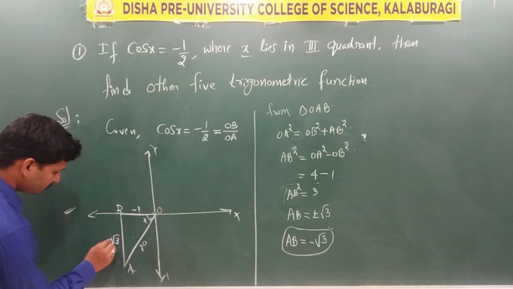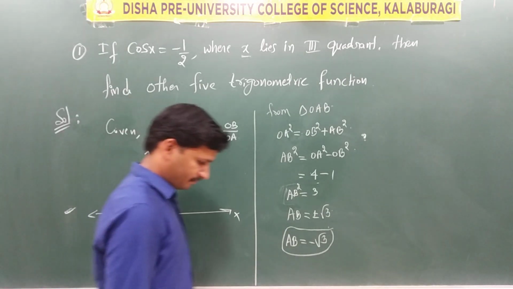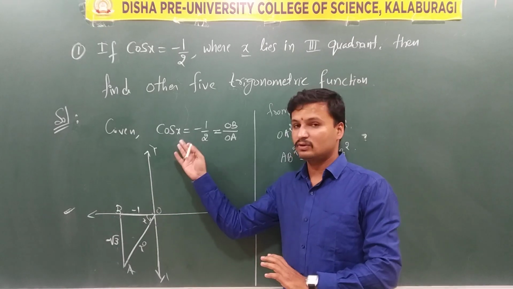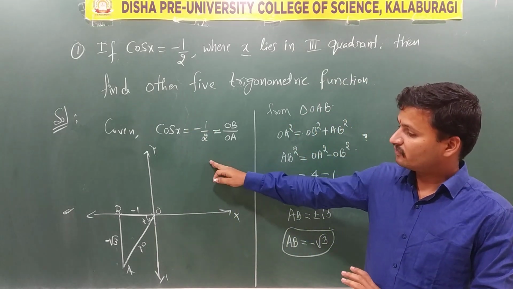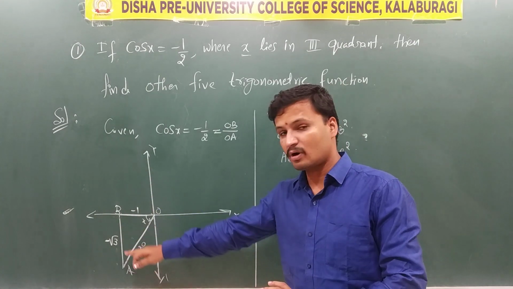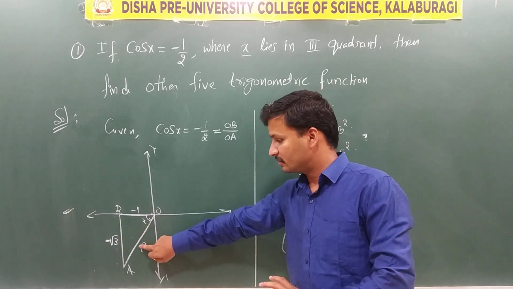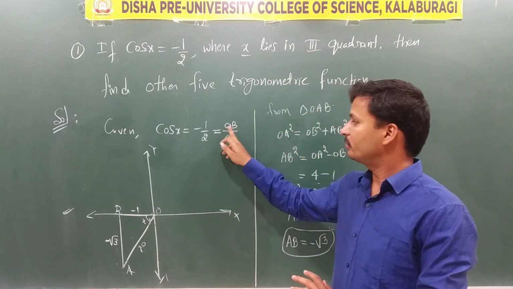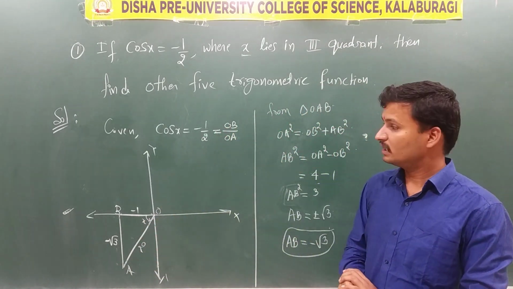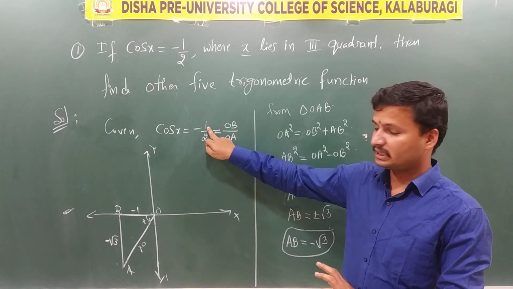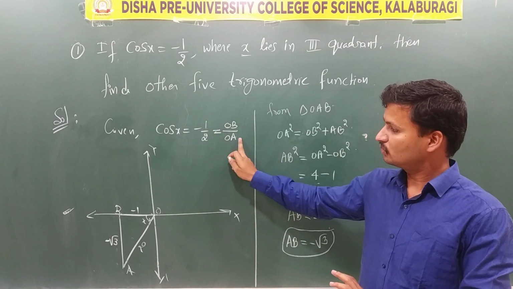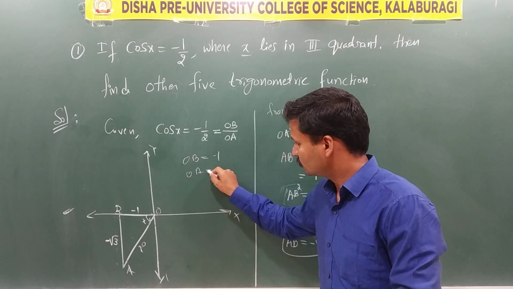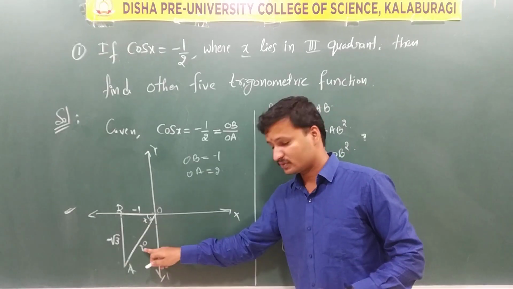This is by the triangle. First, we need to check the given function cos x is equal to minus 1 by 2. From this triangle, the cos function is adjacent divided by hypotenuse, adjacent is OB, hypotenuse is OA, so OB divided by OA. Then OB is equal to minus 1 and OA is equal to 2.